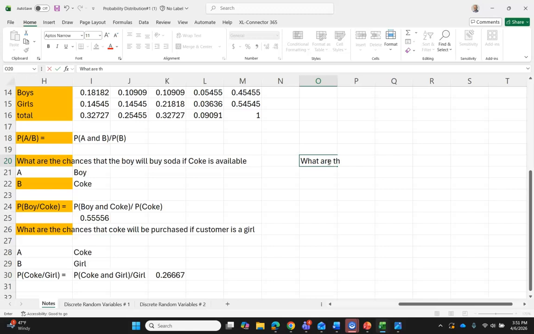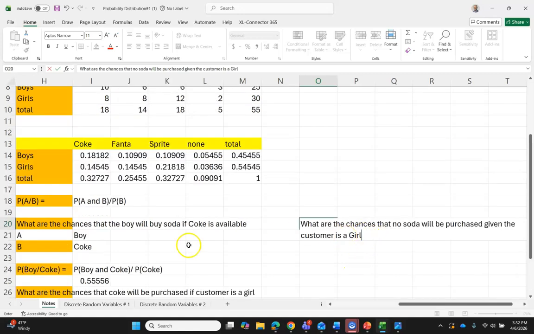So all I want you to do is the following. What are the chances that no soda will be purchased given the customer is a girl? We can go up here, and we know that according to this formula, it is the probability of A given B. In this case, our condition is a girl.